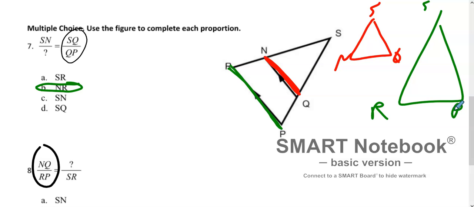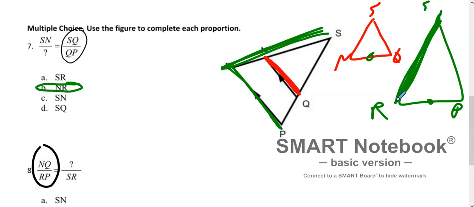Now what we're looking at is this piece and this piece right there. Now, SR, where's SR? SR is on the big triangle right here. It's the whole left side. It's right here.